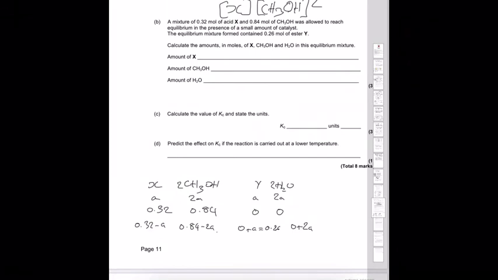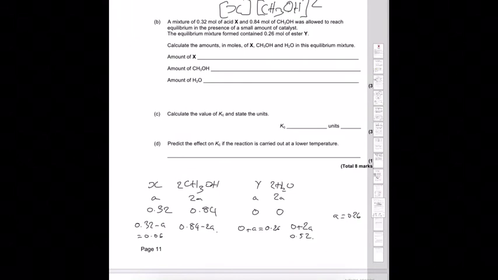We know what A is because looking at that expression for Y, A equals 0.26. So we just put those numbers in. So that's 0.52 for the water, 0.06, and therefore the last one is 0.32.